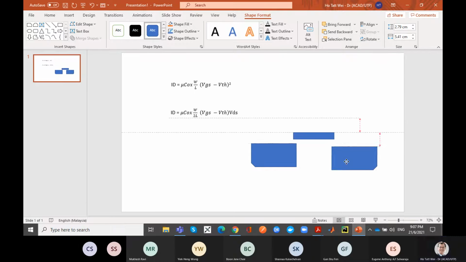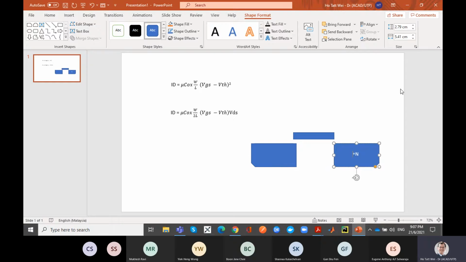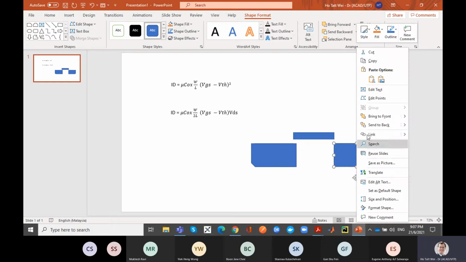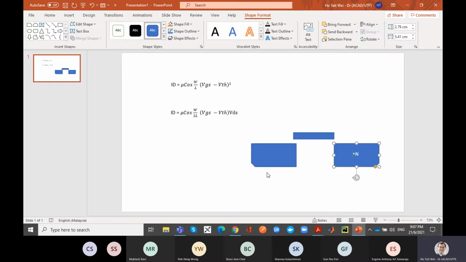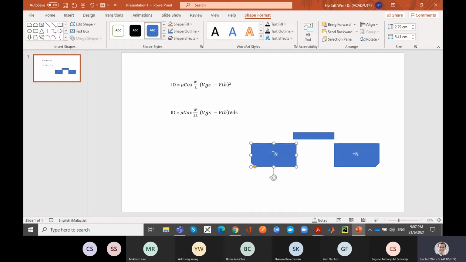Okay. So let's say this is a MOSFET, an NMOS. So NMOS, let's say this is N plus. Because it's upside down, that's why the text is upside down, N plus. And then this is my gate, my drain, my source.